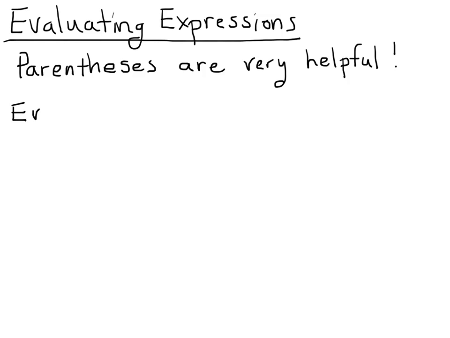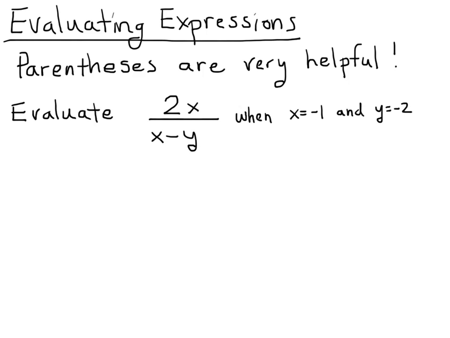Okay, so evaluating expressions. When we evaluate something like this, keeping track of the negative signs is probably the biggest challenge of these, all right? We want to plug in a -1 wherever we have x, and a -2 wherever we have a y. And so I think writing this out, wherever you have the variable, put parentheses and drop the number right in.